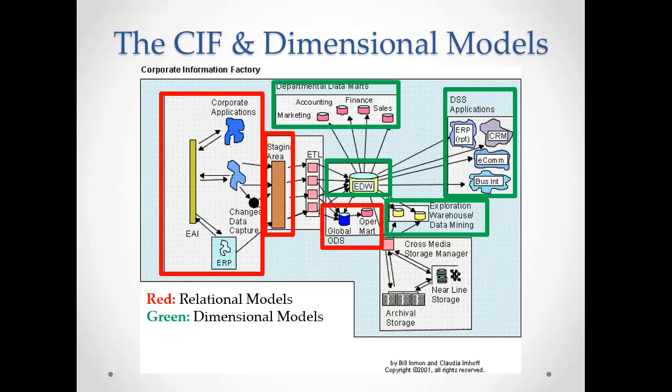This has operational data or transactional data associated with real business systems. And then the green boxes represent the transformation of that operational data into a dimensional model. So in the decision support applications and in the data mining applications and in the enterprise data warehouse and data marts, these are all where we use our dimensional models.